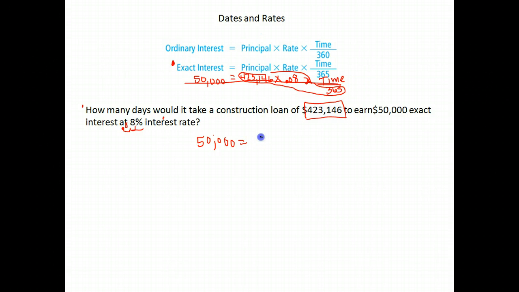That gives me about 92.74, times the amount of time. It's okay to go ahead and do that dividing by 365 here. Now we're going to go ahead and solve from there. So I'm going to divide both sides by 92.74, and that will give me my amount of time.